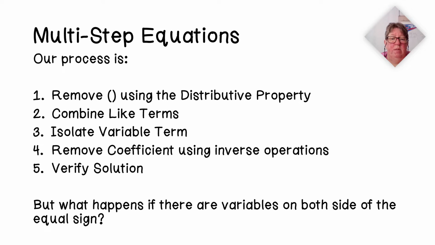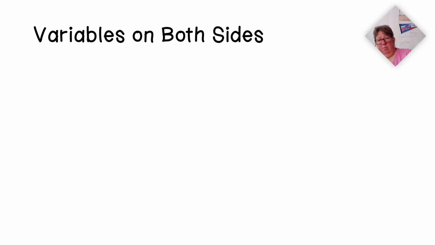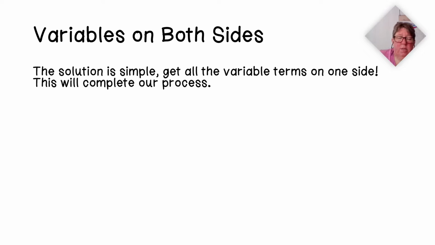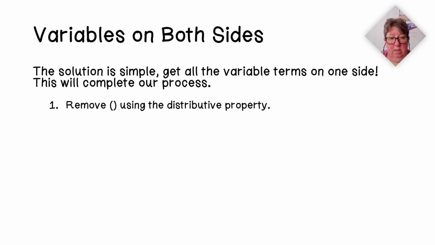But what happens if there's variables on both sides of the equal sign? Well, the solution's simple. We need to get all the variable terms on one side. And this is the final step to our solving equations process.